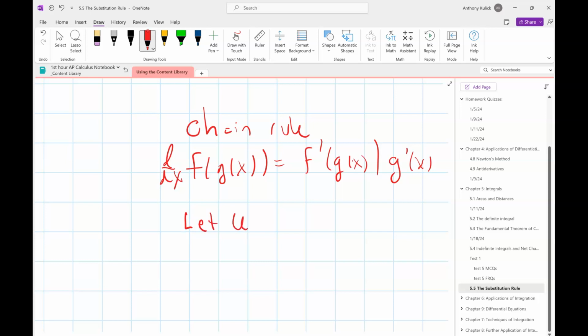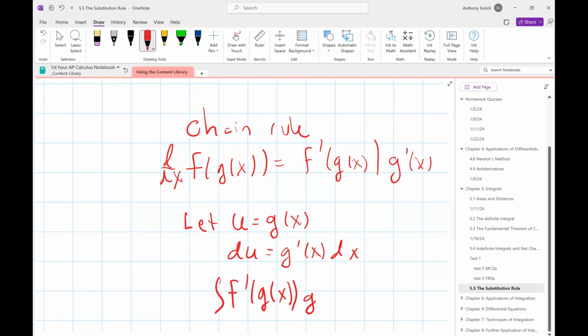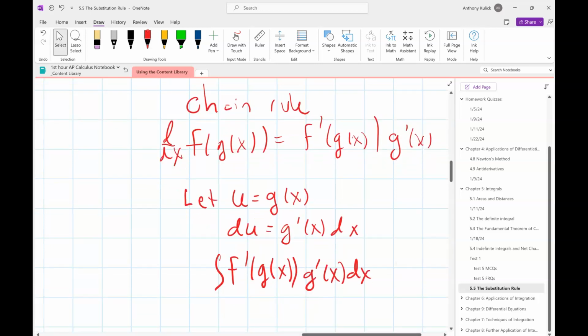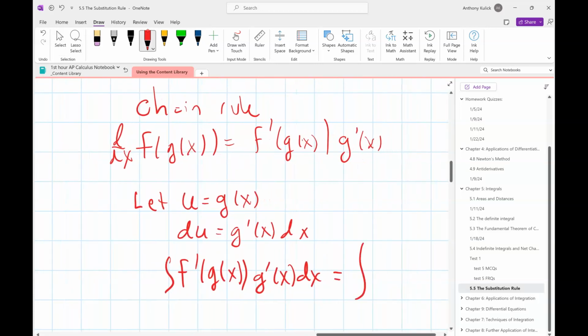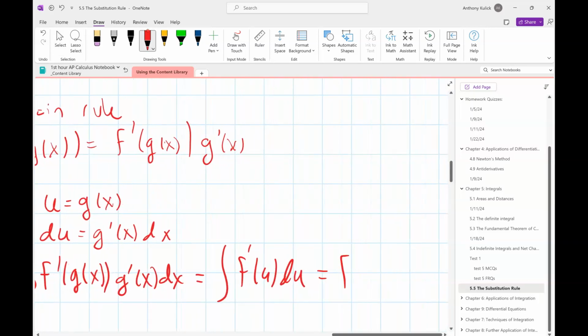So if we let u equal g of x, and we say du is the derivative of g of x times dx, then the integral of that chain rule can just become f of u du. So when we integrate that, that would just be f of u plus c.